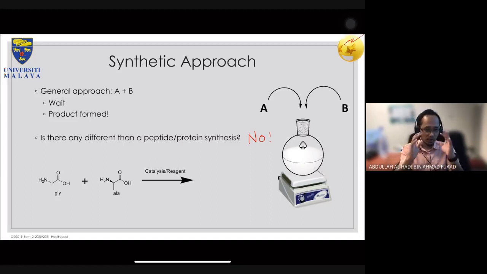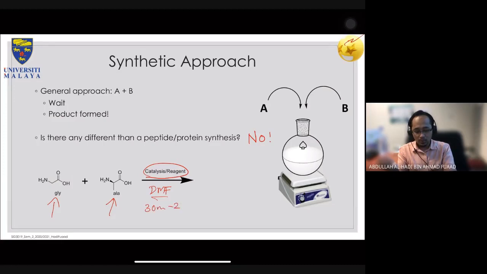If you have one amino acid, in this case a glycine, and a second amino acid, an alanine, and the reagents or catalyst required for the synthesis, you put it in a solvent, for example dimethylformamide, or DMF. You stir it, leave it for between 30 minutes to 2 hours, and then you will have your diamino acid.